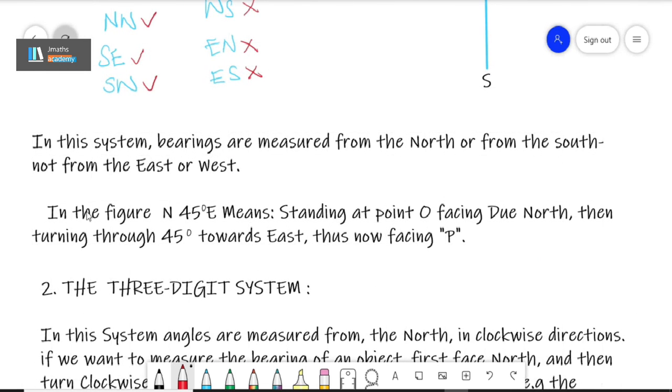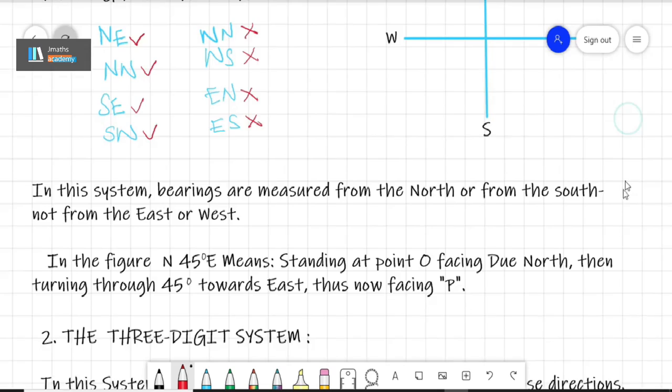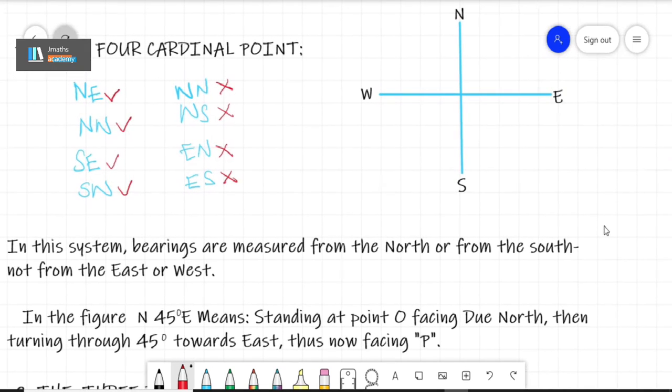Now in the figure, north 45 degrees east means standing at a point O, facing due north, then turning through 45 degrees towards east, thus facing a point P. Okay, so this is explanatory.